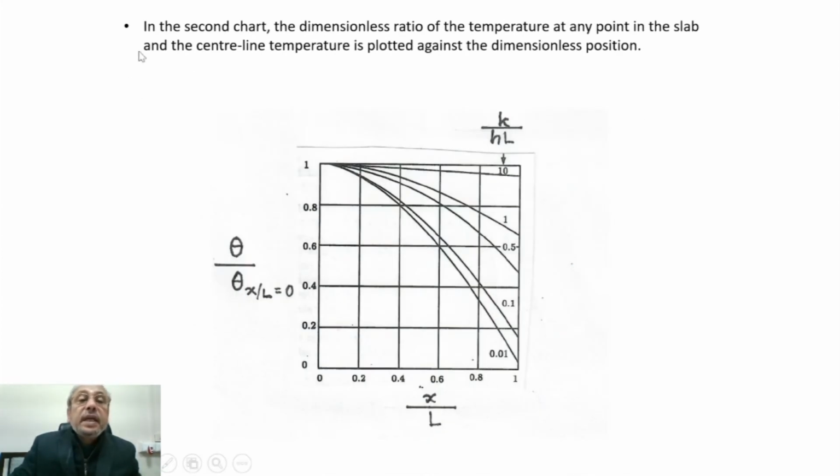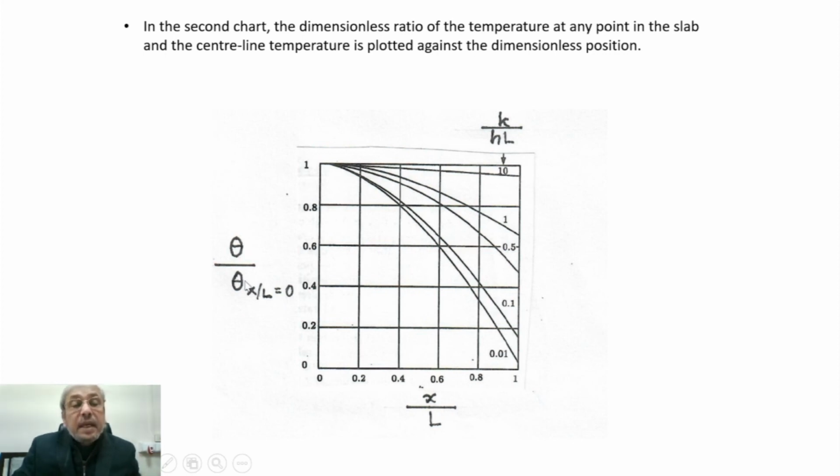So in the second chart, the dimensionless ratio of the temperature at any point in the slab and the center line temperature, whatever is the center line temperature we get at a given time.